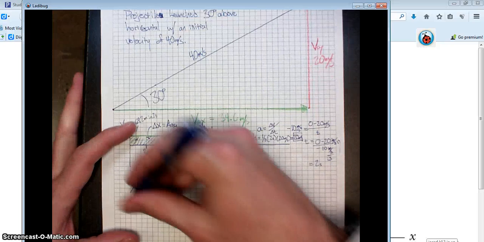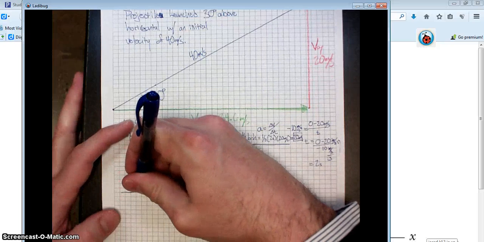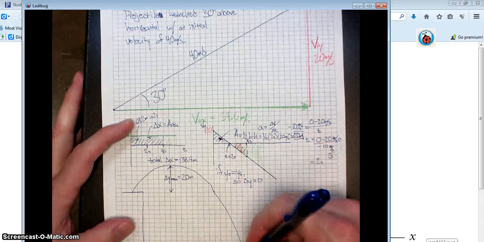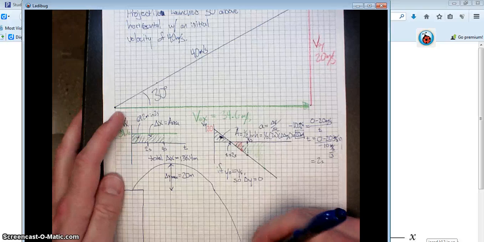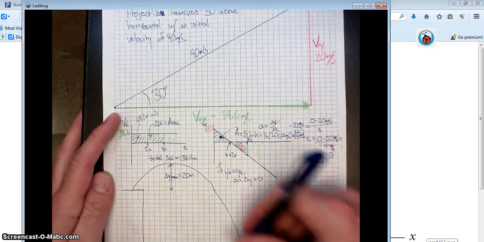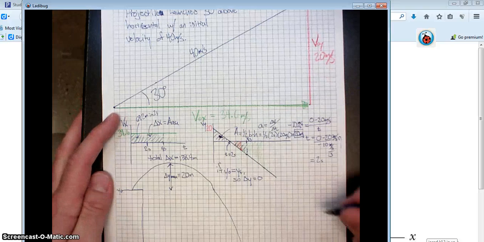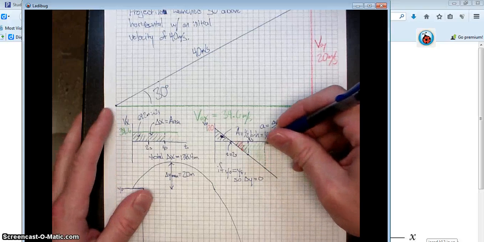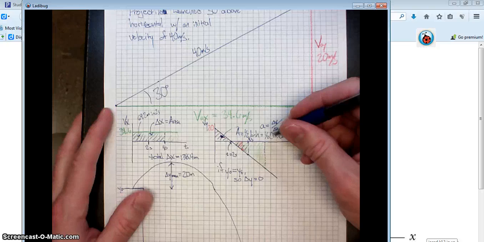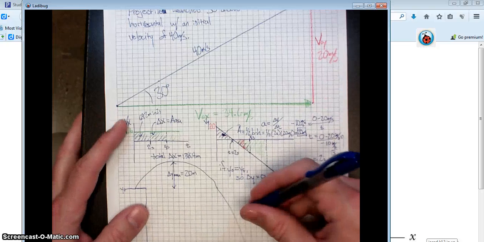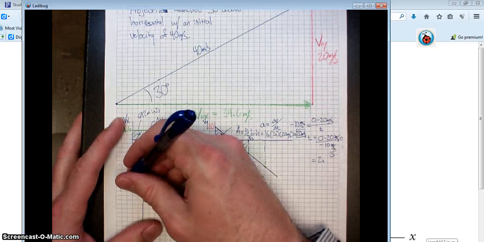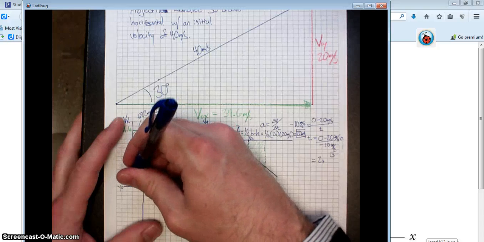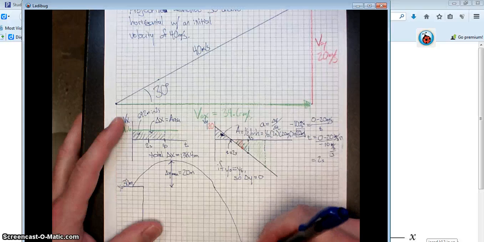If that's not the case, because this was a cliff that it was thrown off of, so it's going to end up continuing this parabolic trajectory down that way, and YF is down here, and YO is way up here, then we're going to continue this triangle out, and perhaps I know the change in Y. I know that this is, say, the 30 meter level, and this is 0 meters.